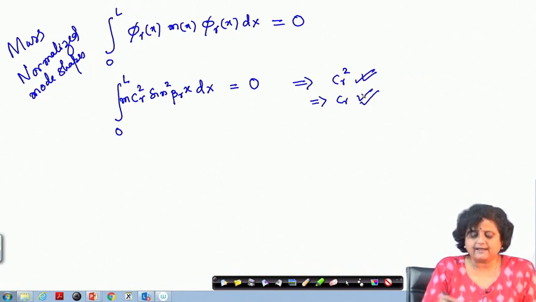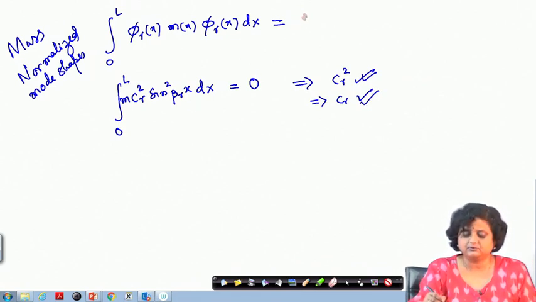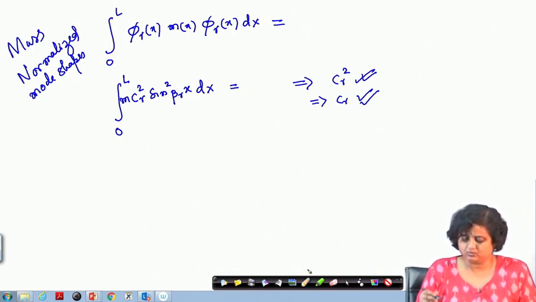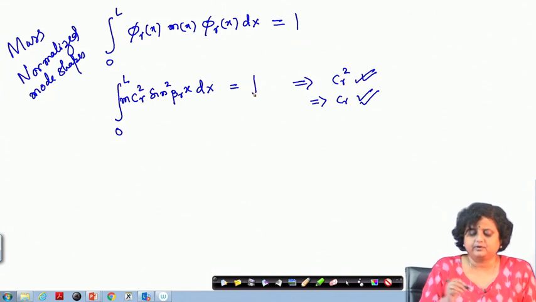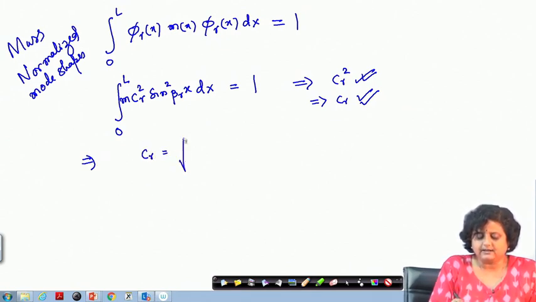So, if we evaluate this integral, sorry, I am sorry for this mistake, we are going to make it as 1. If we forcefully make it as 1, then we will see that C_r is going to come out as the square root of 2 by mL.